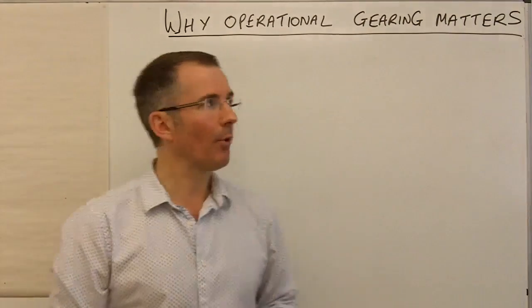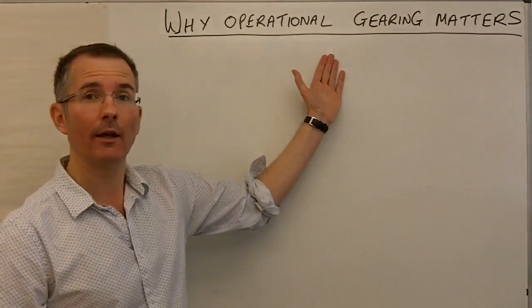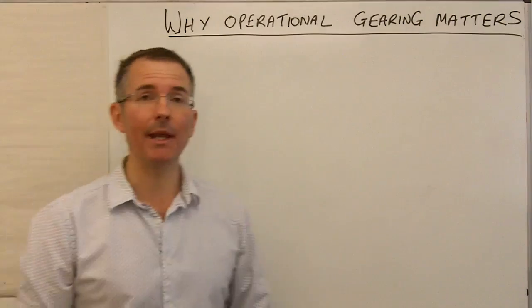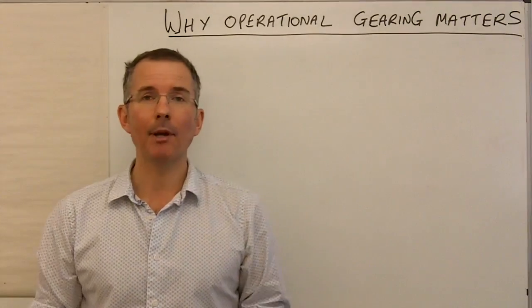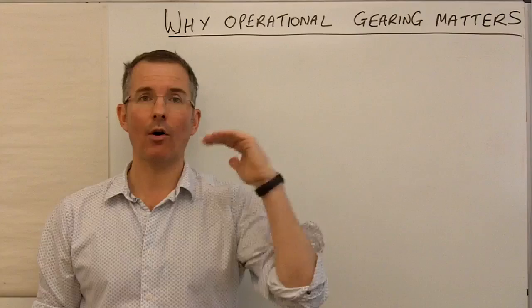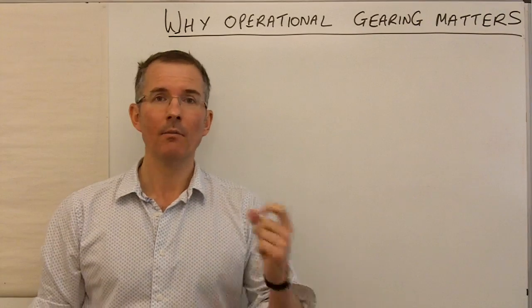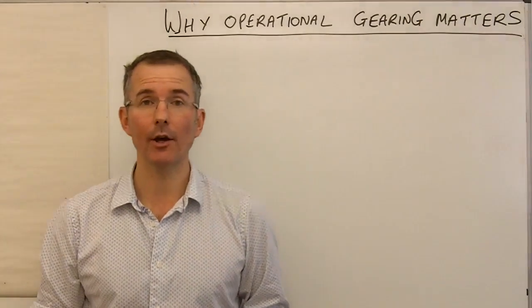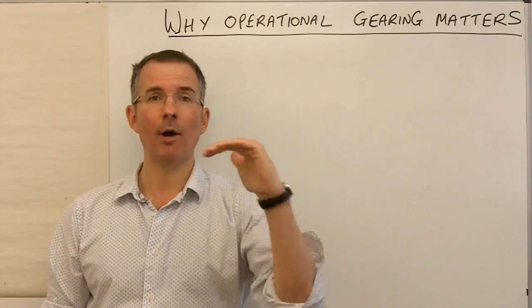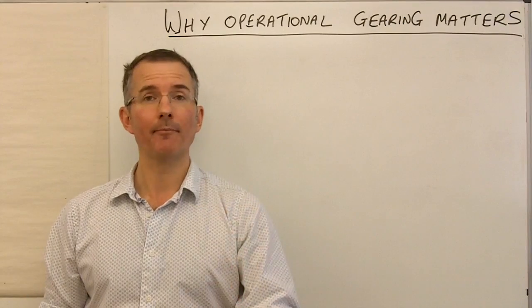Okay, so before we dive straight into operational gearing, a little bit of background about companies. Essentially, a company's profits are a function of the amount it sells minus all of the costs it incurs. So, sales revenue minus costs equals profit.